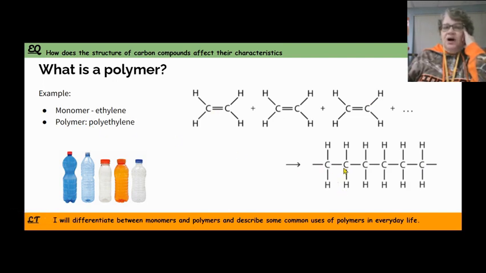So this is now polyethylene. Okay, and you might say, well, what happened to the double bond? Well, in order for this one to react with this one, this bond has to go away, and then a bond forms between this carbon and this carbon. This double bond goes away. There's now a bond between this carbon and this carbon, etc. Okay.